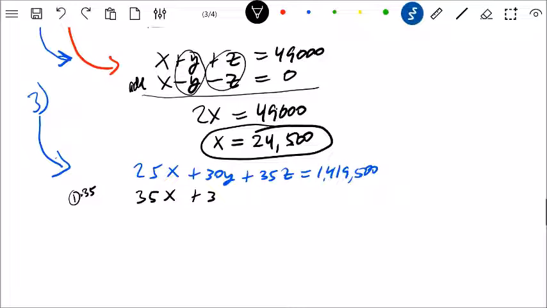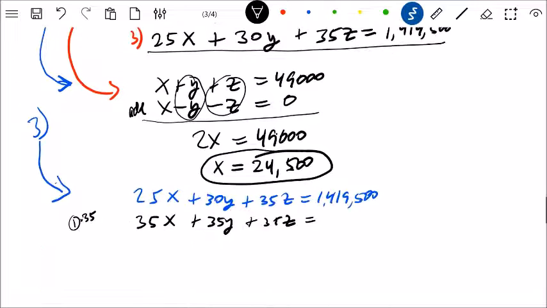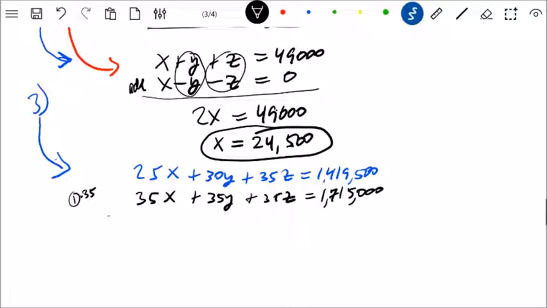Oops, I didn't put the 5 there. Plus 35z equals, and if I multiply 49,000 times 35, I get 1,715,000. $1,715,000 for it.